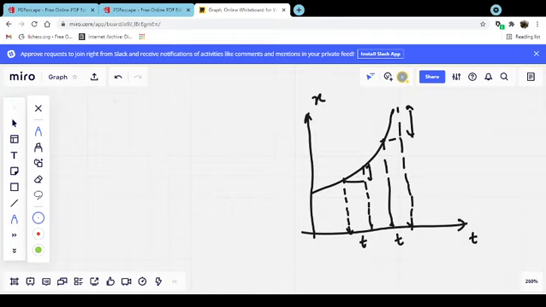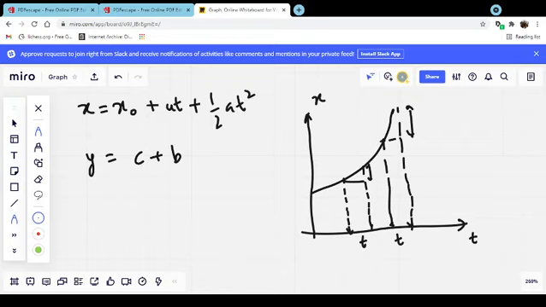So when it's a uniformly accelerated case, we know that the position of the particle is x equal to x naught plus ut plus half at square. And let us compare this with the equation of a parabola, which is y equal to c plus bt plus a t square. So this is what we mean by a parabola.